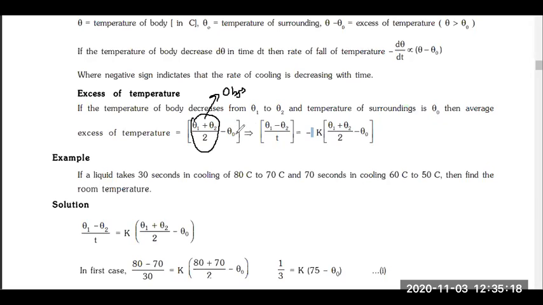But I'm talking about the change, so minus theta naught, which is the outer temperature. Theta minus theta naught.